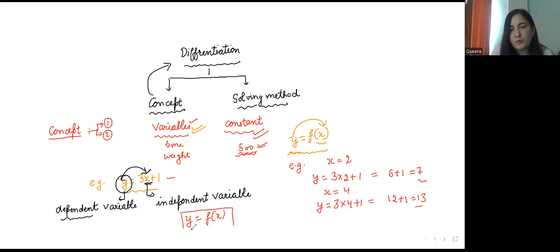So the first thing that you have to keep in mind is this relation, that we can always define variables in this form. Now let us move to the next concept. Then we will compile the two concepts to understand what exactly differentiation is.